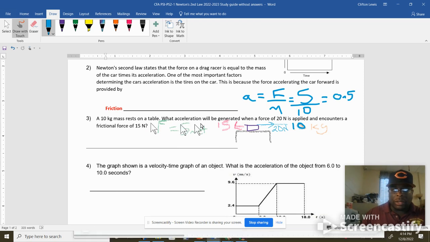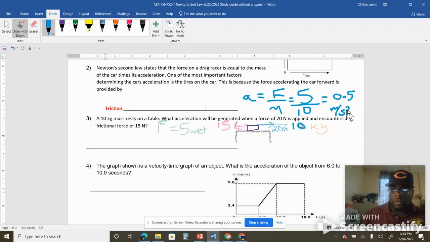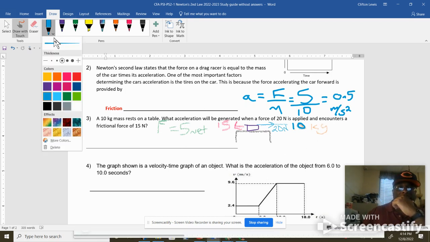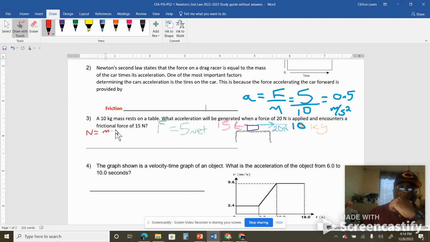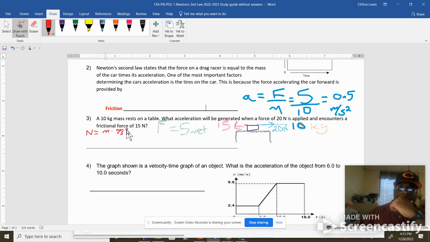0.5. And we're talking about these forces, acceleration, so it's meters per second squared. All right. So force equals mass times acceleration. Let me break it down over here a little bit. Since force, or Newton, equals mass, which is kilogram, times acceleration, that means meters per second squared.